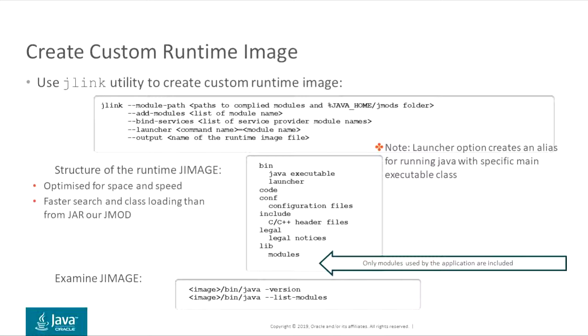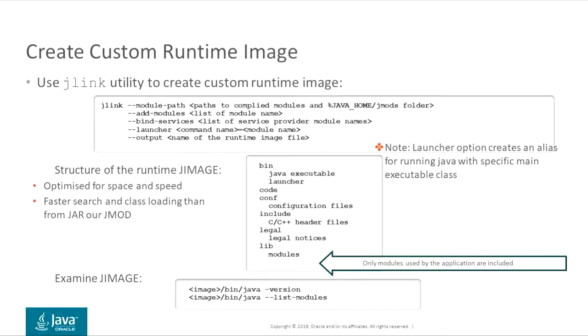But the thing is, it doesn't pack the entire Java development kit. It packs into that module only the bits that your code actually needs based on the dependency. So the footprint of the runtime image is much smaller, and it doesn't require the target machine to actually have a JDK installed. You can simply download that, and that would be your standalone program with no further external dependency. Fancy that.